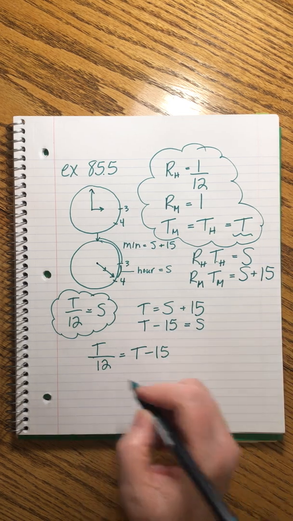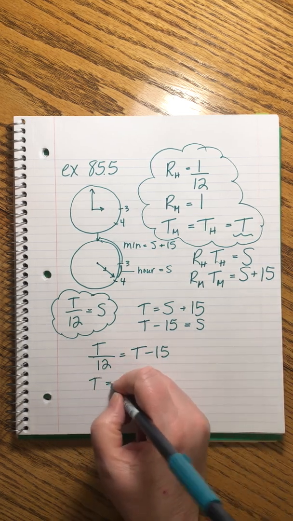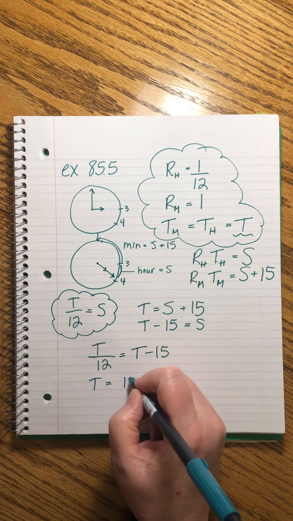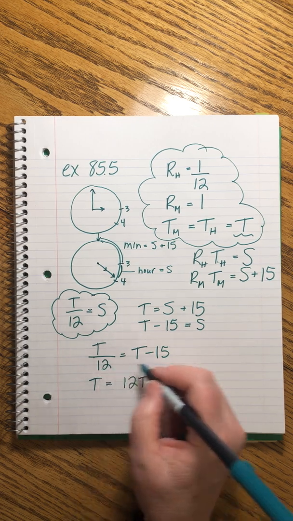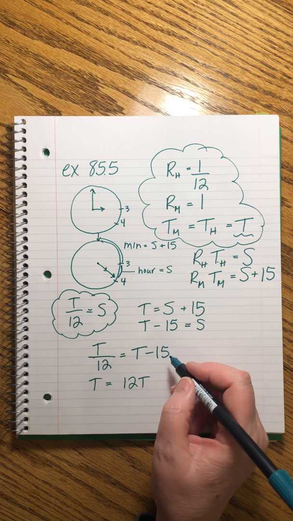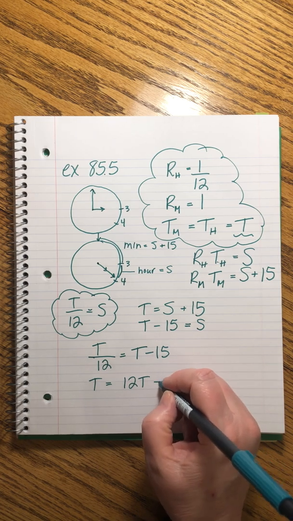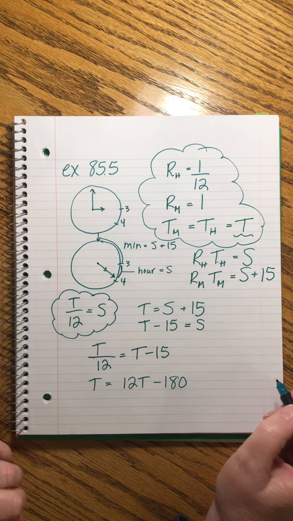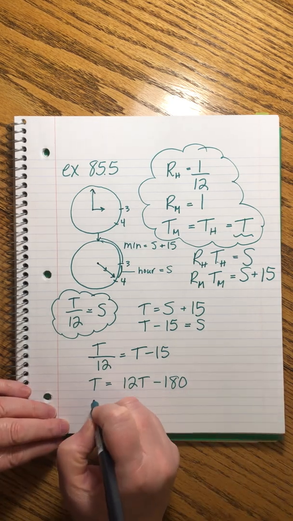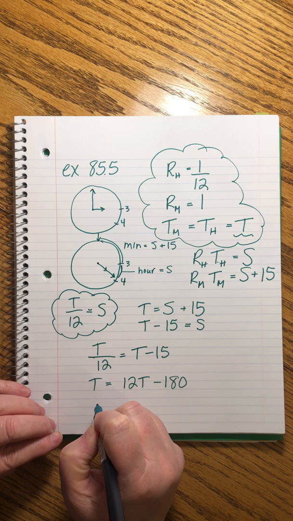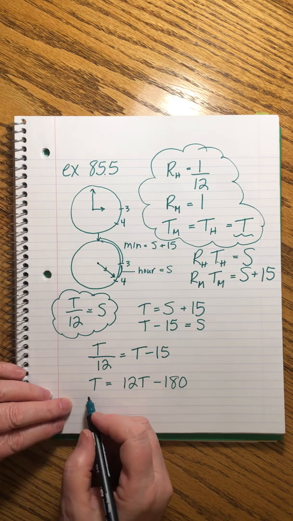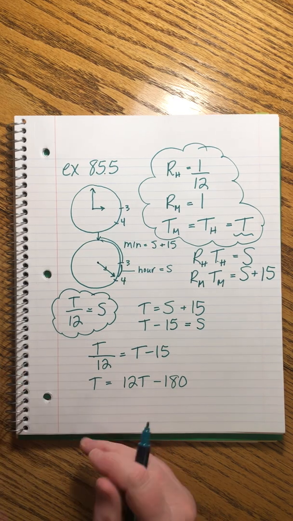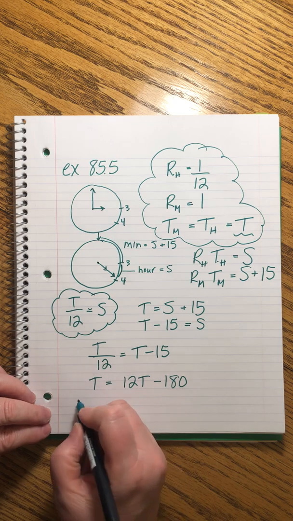Now we just cross multiply. T equals 12T, I'm going to distribute in my head, 12 minus 15 is what, 180? And so I get, let's see, I'll mentally subtract the 12t and then multiply by -1, so everything will become positive.